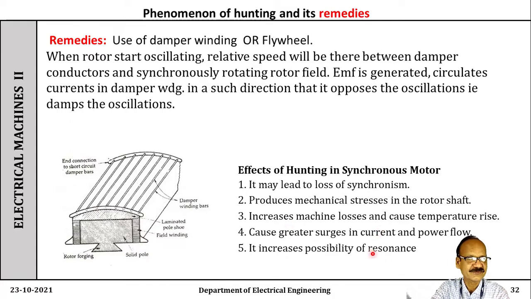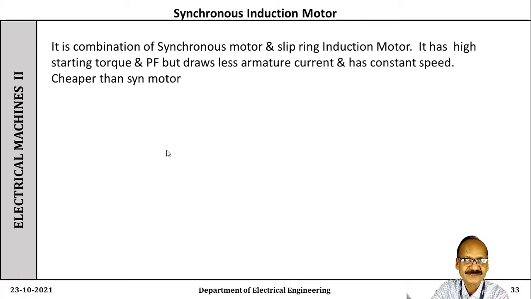It increases the possibility of natural resonance. When these oscillations of the swinging rotor match with the natural frequency of oscillations of the machine, there are chances of resonance. Now, this hunting of the machine is over.